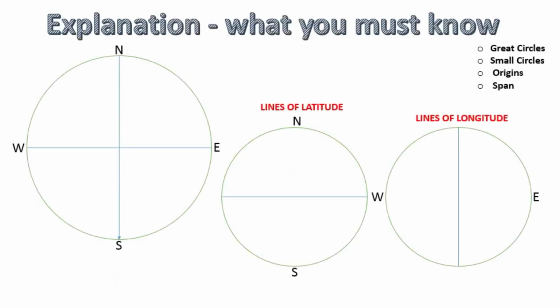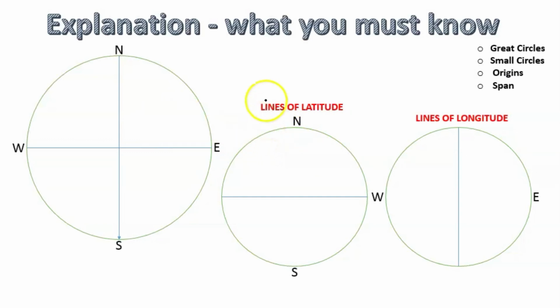All right, so there are things we need to know about this issue of latitude. There is something very, very important that I want to quickly draw our attention to. The first thing is how we identify lines of latitude.